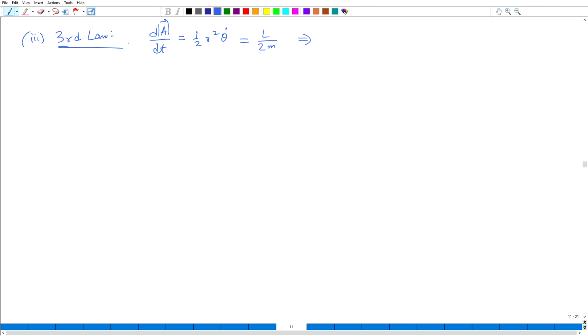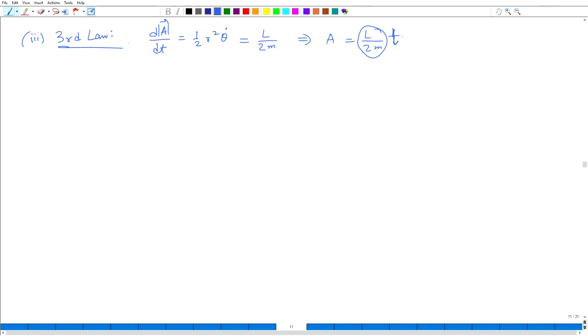I can write A, which is the magnitude of the area vector, to be equal to L by 2m times t. Since this is constant, t is the time.